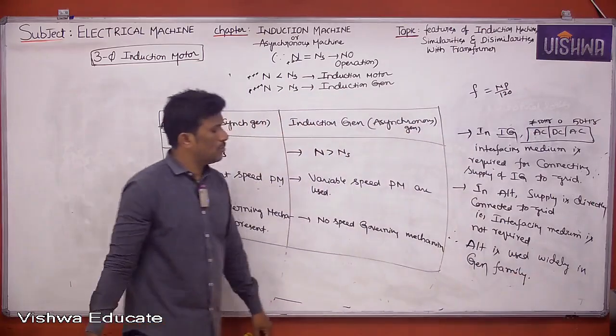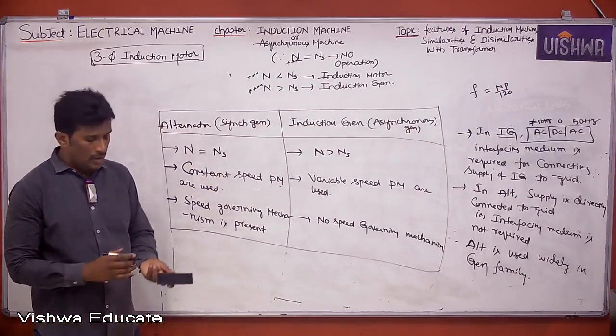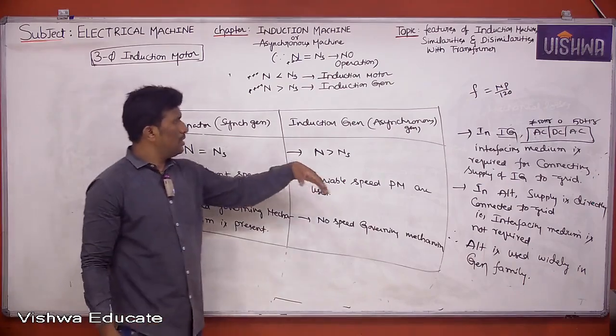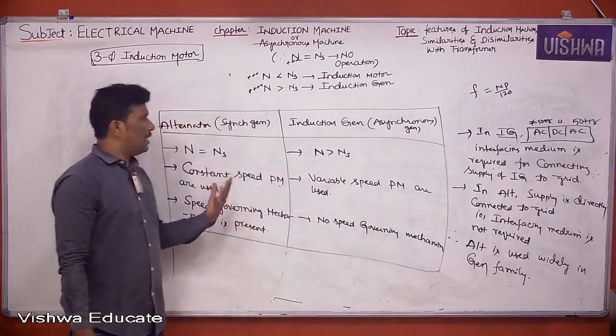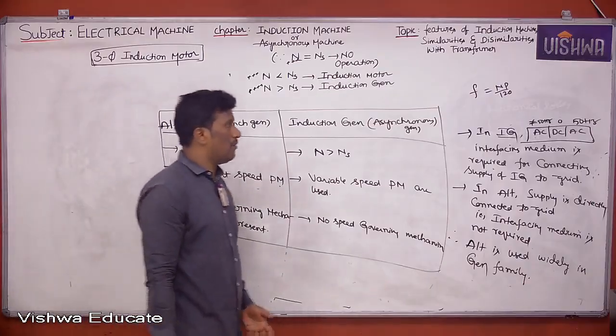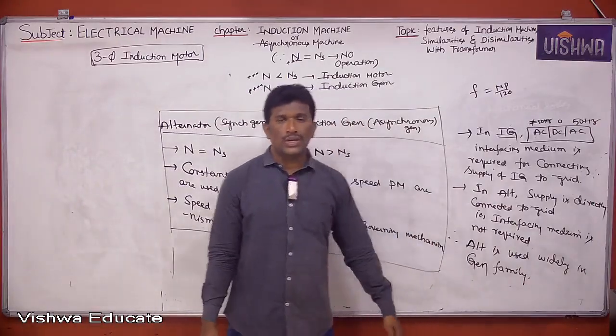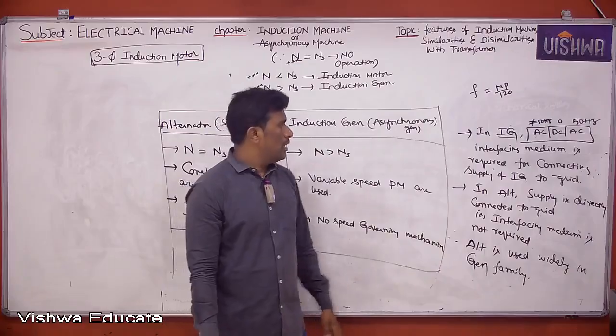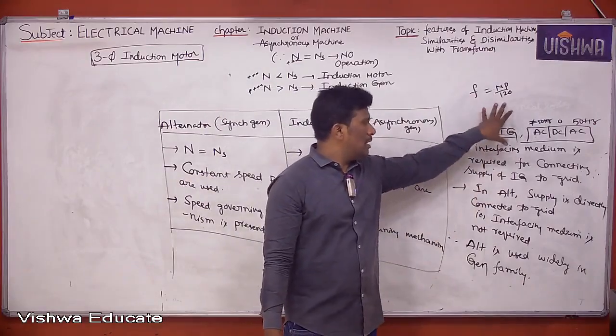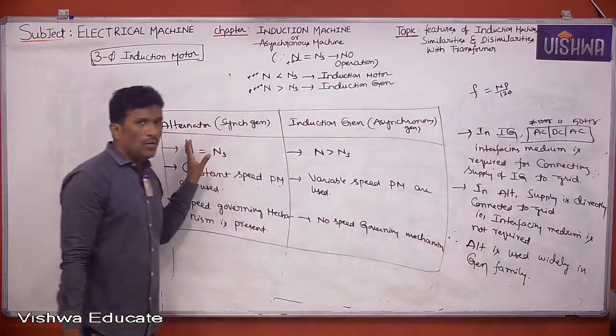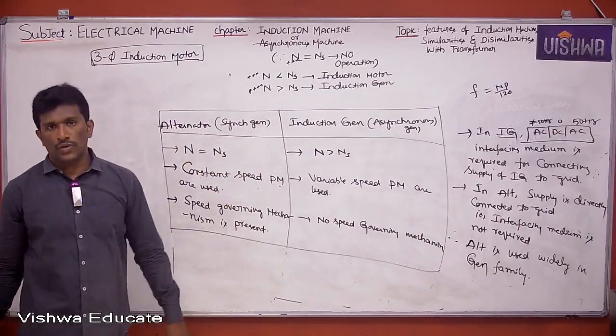In case of an alternator, you can connect the supply of the alternator directly to the grid without any interfacing medium. That's why, when compared with the induction generator, the alternator is very widely used. Okay, no doubt.